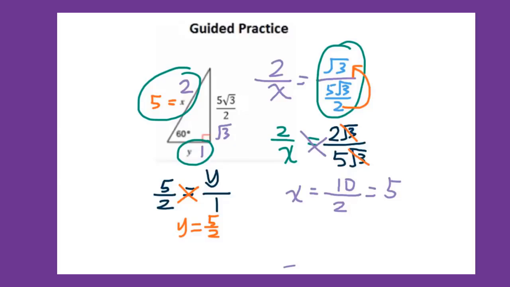Normally for the SAT test, if we are dealing with special triangles, we normally use this ratio. But also you can use SOHCAHTOA to solve for each side of a special triangle.